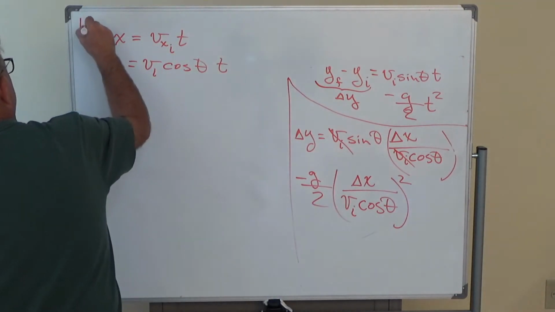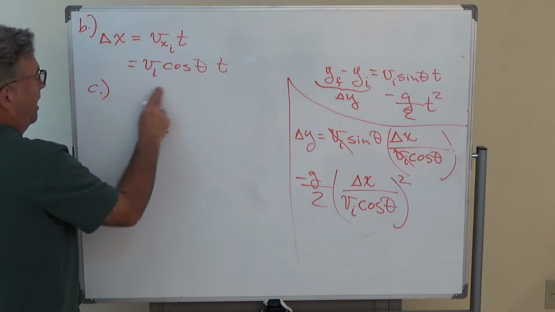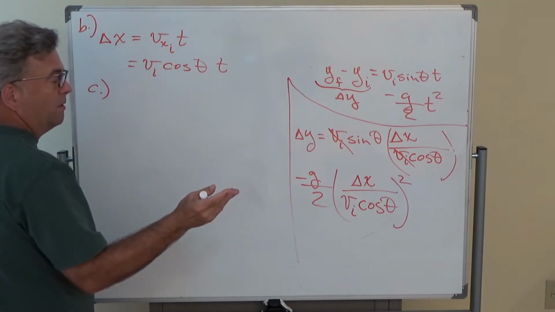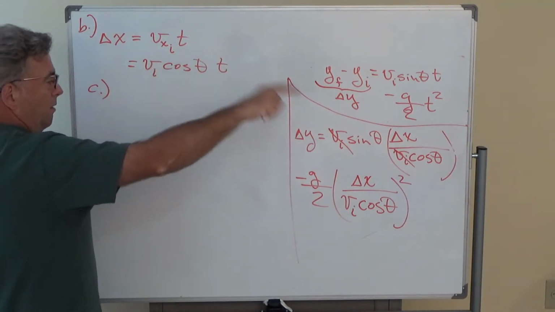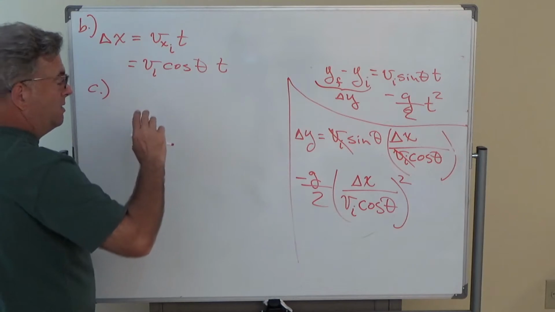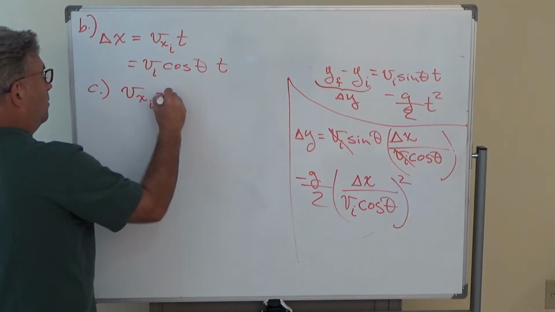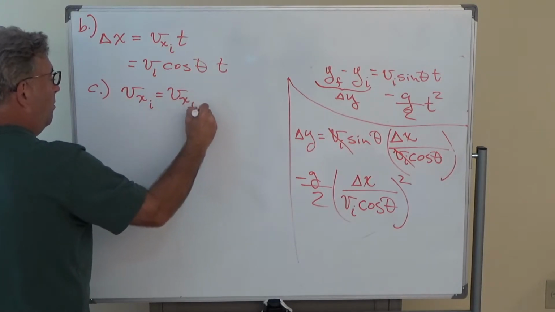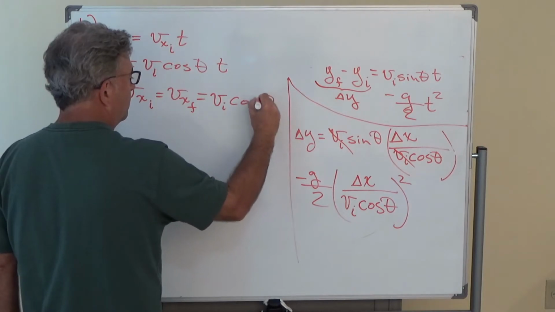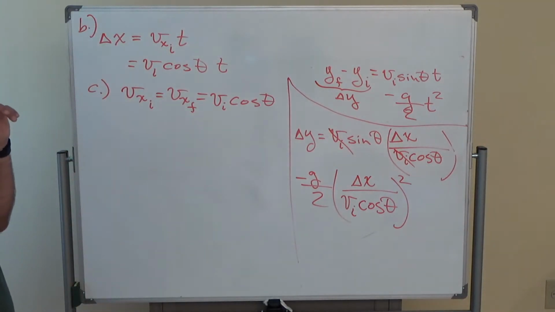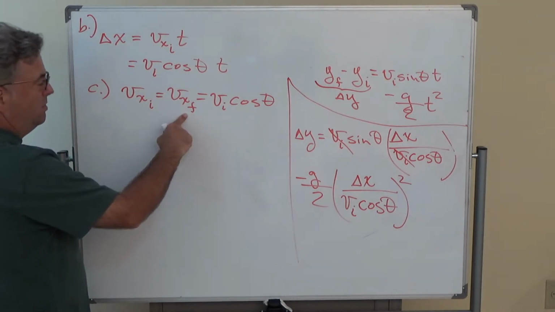Part C, find the velocity components of the ball when it reaches the wall. It's just like we talked about with the mug sliding off of the bar or hitting the floor, or the one I did yesterday. Vx initial equals Vx final, which equals V initial cosine theta. So that gives you the x component.